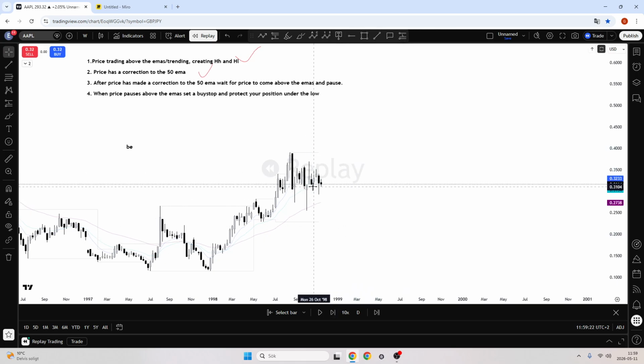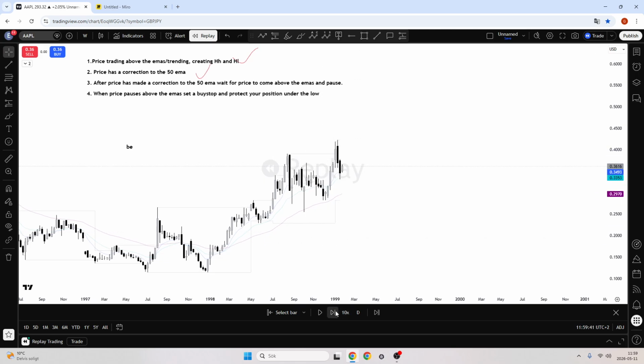So now we took out this low right there. So I was talking about this low. Let's see what price does here. Price kind of comes back to the 50 MA. So let's wait for another pause if we can get that. We don't get that, just above this range right there.